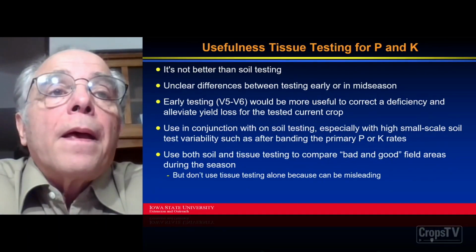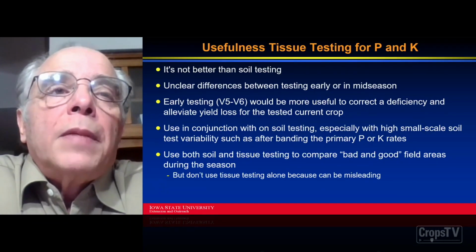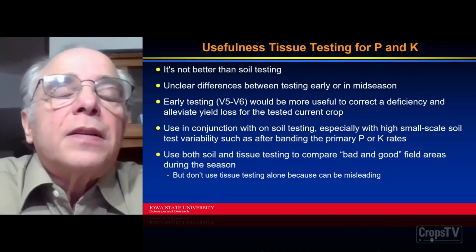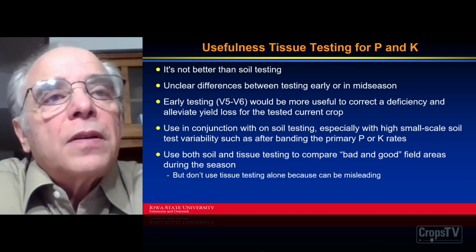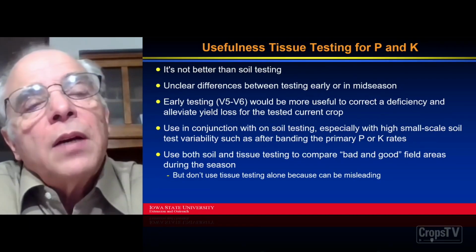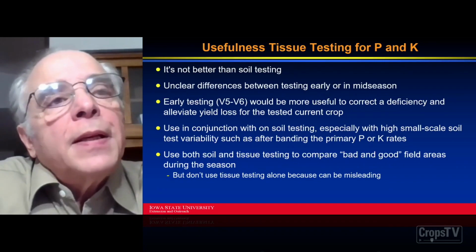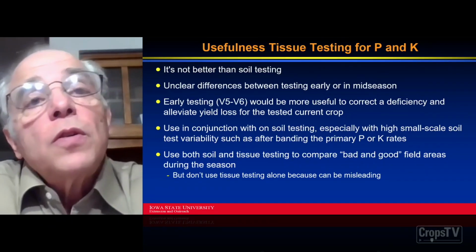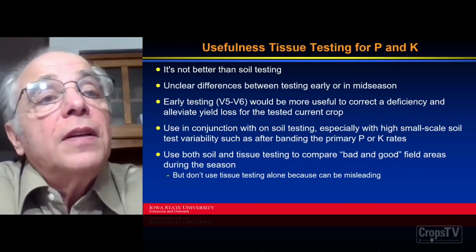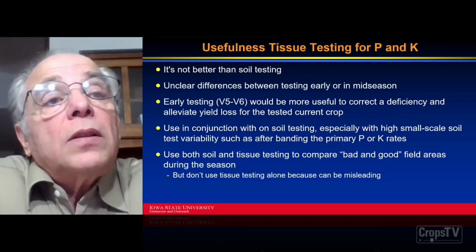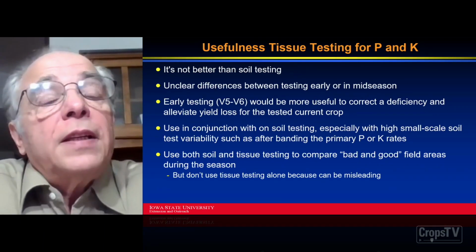So the testing at early stages, and that's why I did much research on this, is because I believe that testing at this time would be more useful to correct a deficiency and alleviate the yield loss for the tested crop.